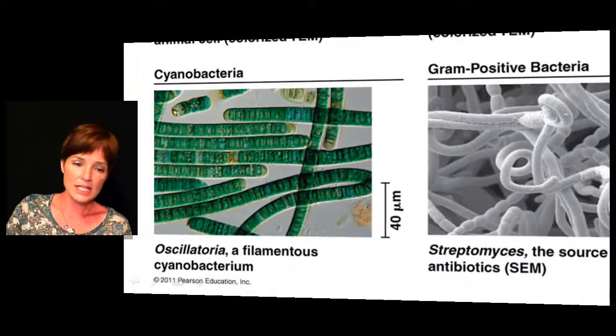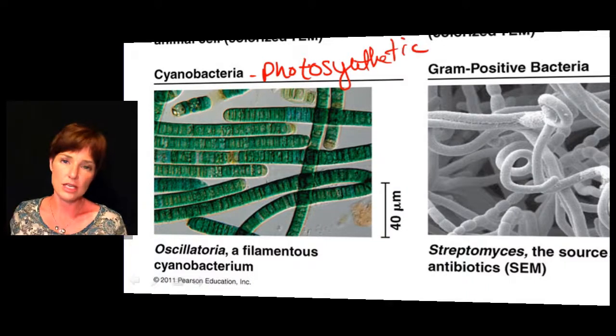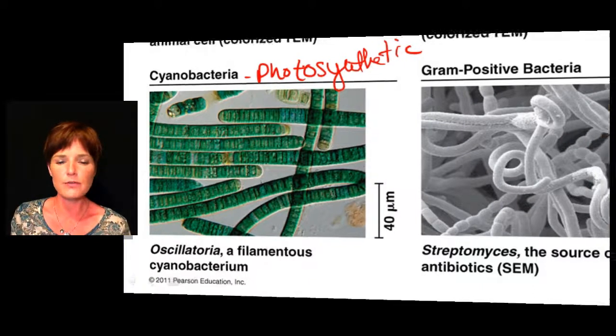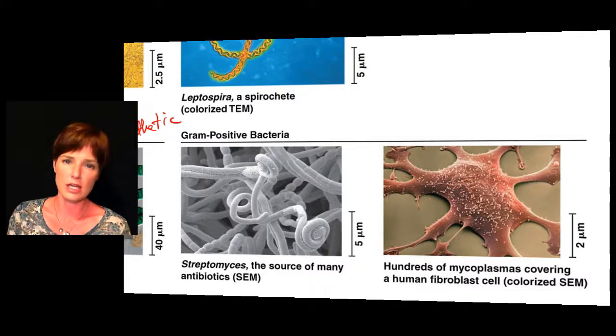We have cyanobacteria. These are more known for their photosynthetic ability. These are thought to be the ancestors of chloroplasts, once chloroplasts did evolve. And then we have the gram-positive bacteria, which are just as diverse as the gram-negative bacteria or the proteobacteria.